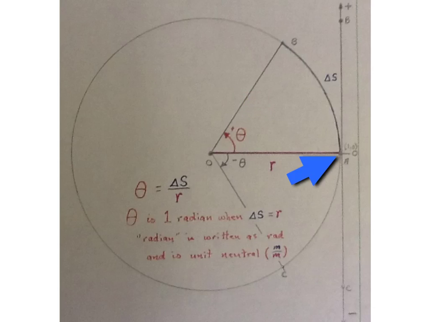Over here on the right hand side, right there's point B, and that's the same as that point B in length. We've gone around the circle from point A to B, so we've gone from here to here, and that's the same length as going here.